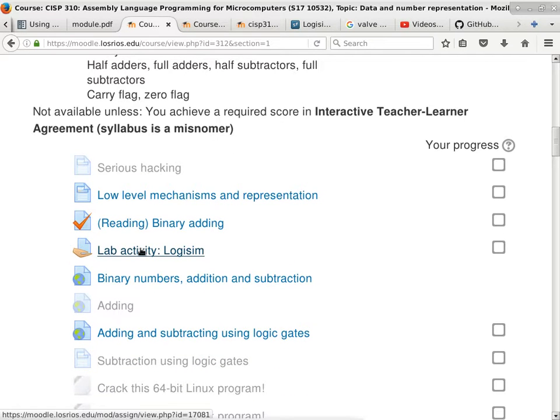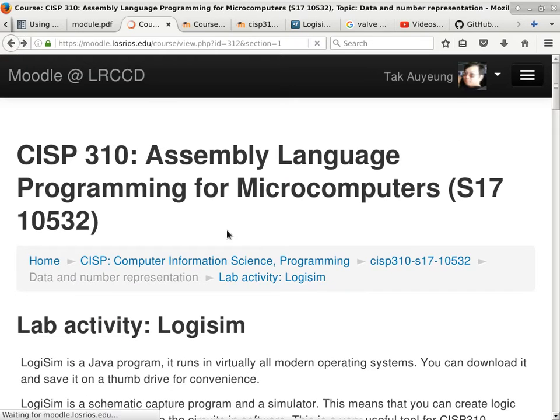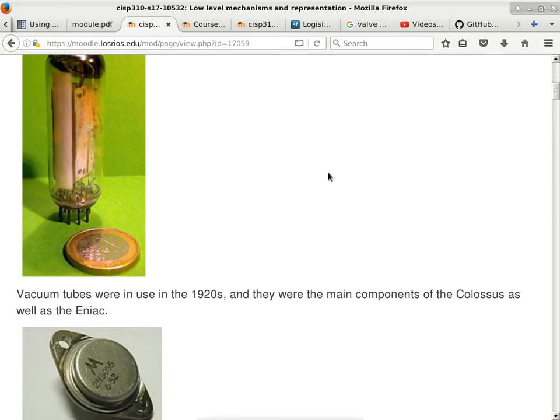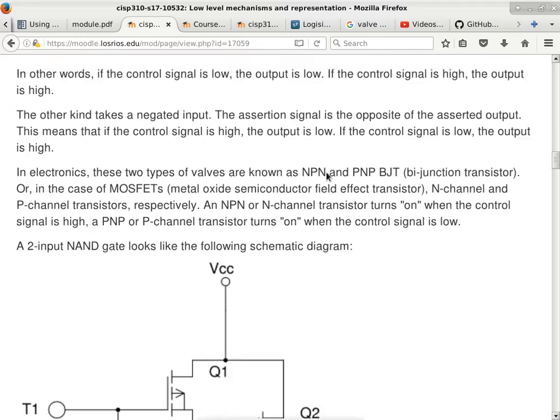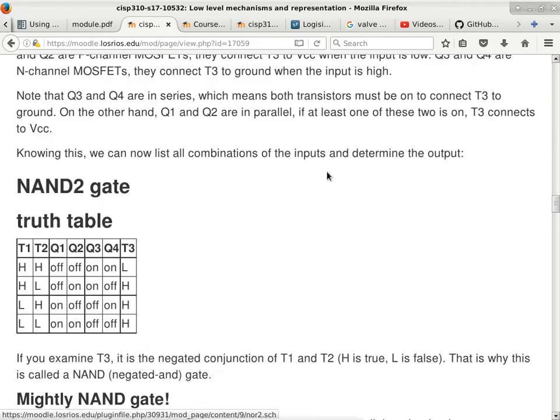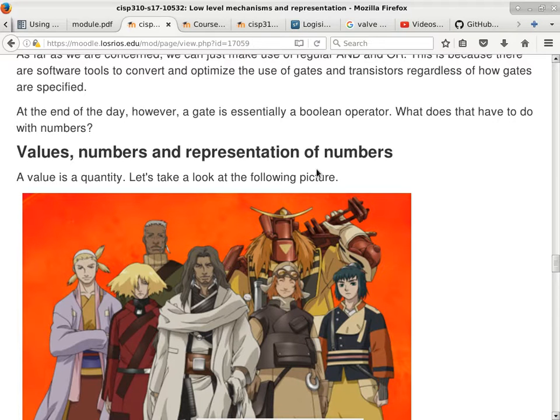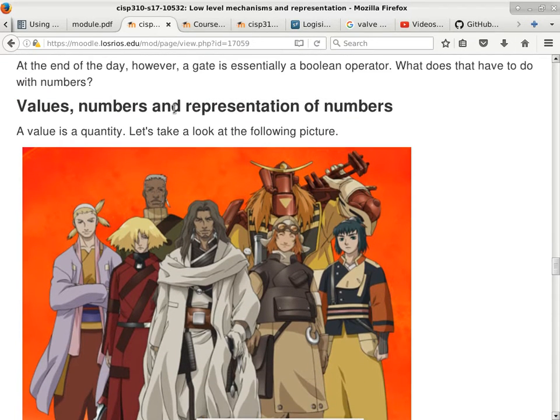So we are continuing with that particular topic, so we'll go back and continue with this. You guys saw some really interesting pictures down there. Okay, so keep going. There we go. So this starts with a discussion of values, numbers, and representation of numbers.